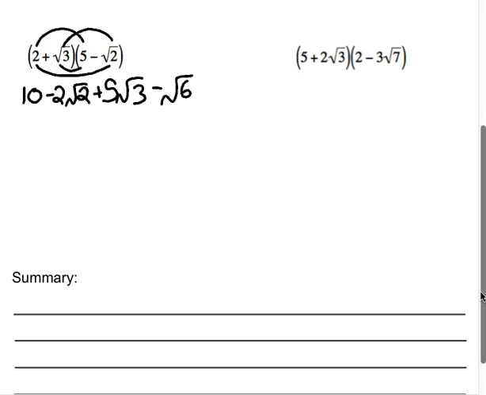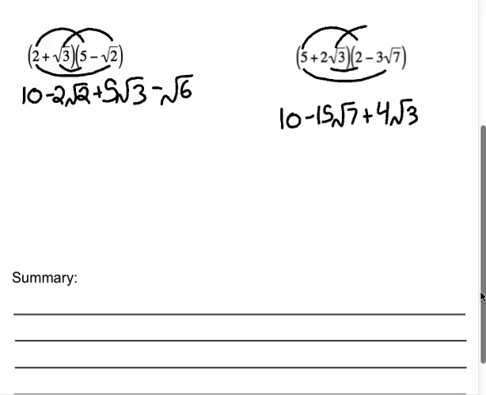So let's move on to our next one. So 5 times 2 is 10. They're going to multiply the things on the outside, but the square root of 7 has to stay separate. Here again, multiply things on the outside, but the 3 has to stay separate.